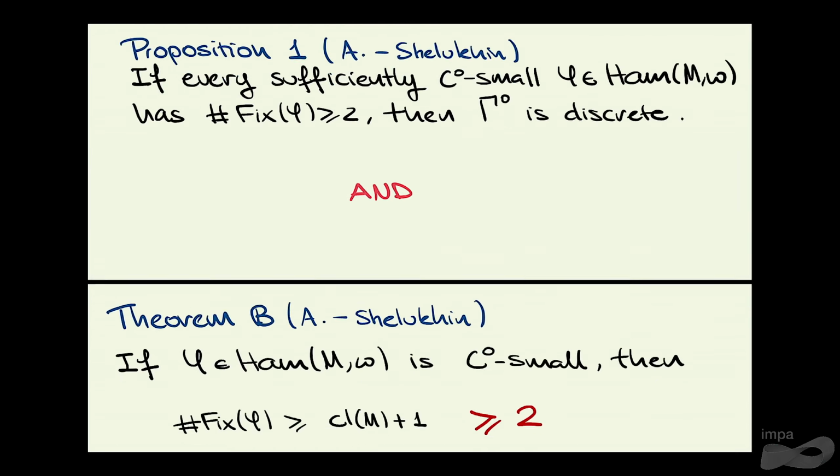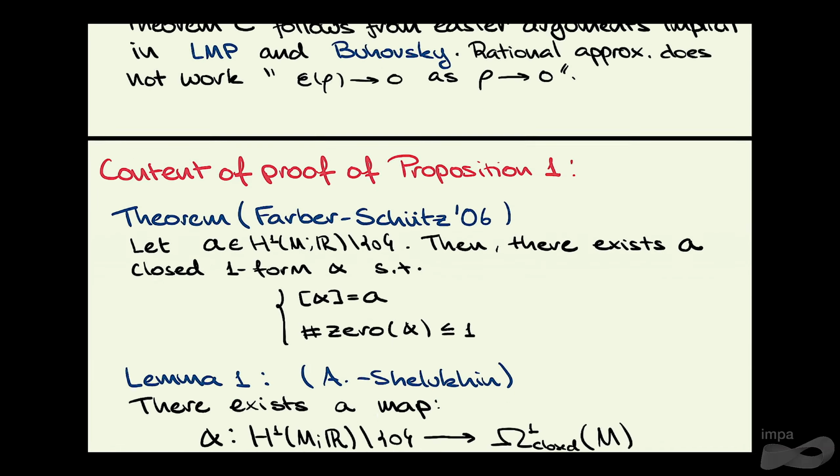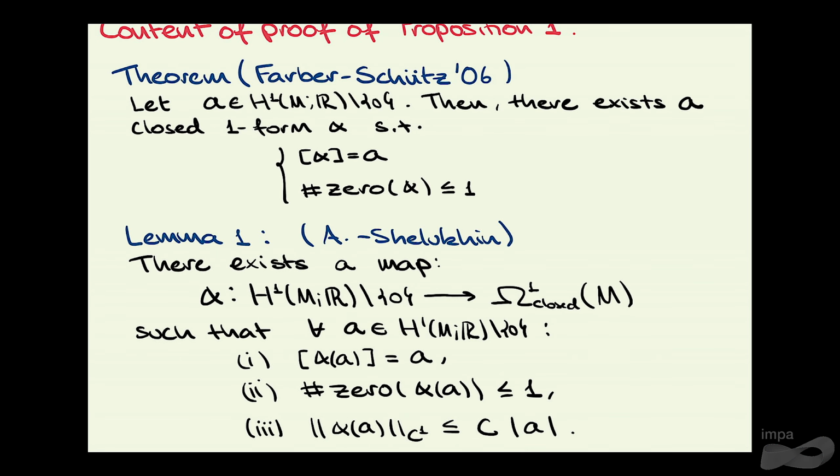So how do we do that? The main external ingredient to the proof of this proposition is this great theorem by Farber and Schütz from 2006, which shows that for any closed manifold, every non-trivial cohomology class of degree 1 can be represented by a closed one form which has at most 1 zero. Now, we want to extract some more quantitative information about this representative.